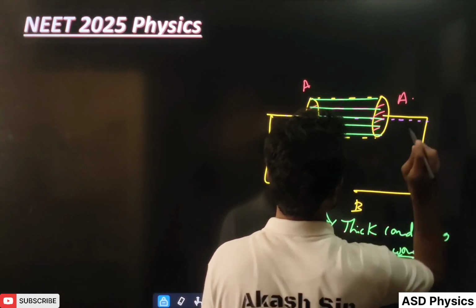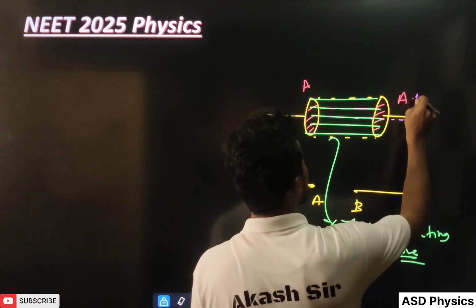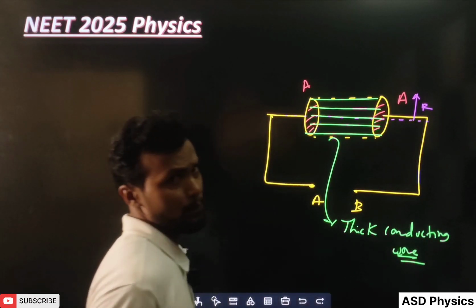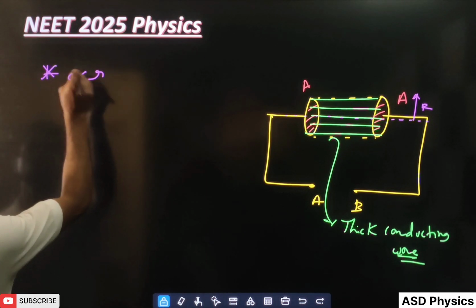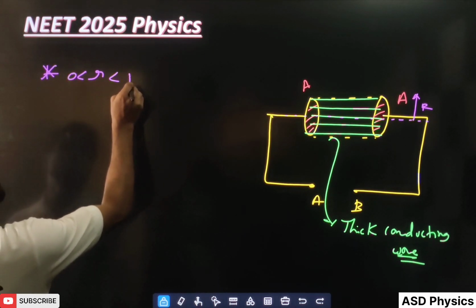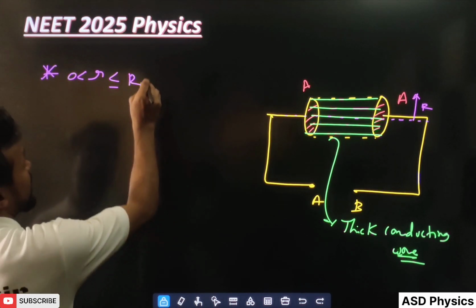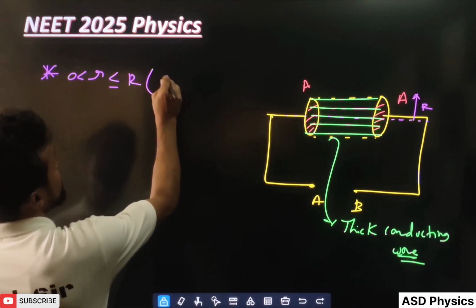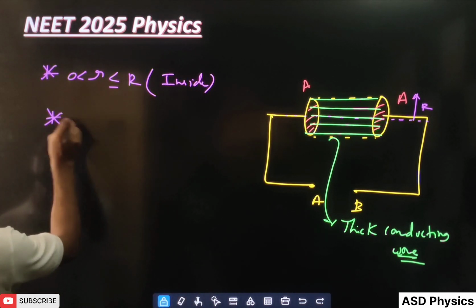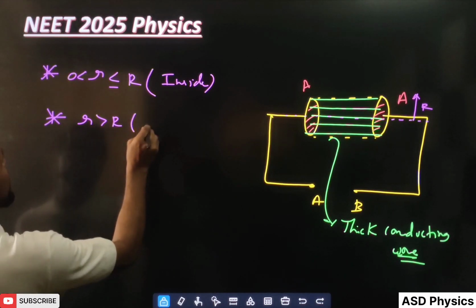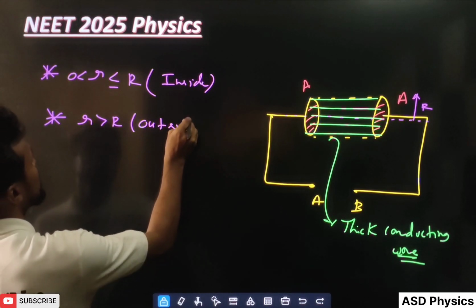And I can consider the radius as capital R. So you know very well, when we are moving with R greater than 0 and less than or equal to capital R, it will be inside. And when we go R greater than capital R, it will be outside.